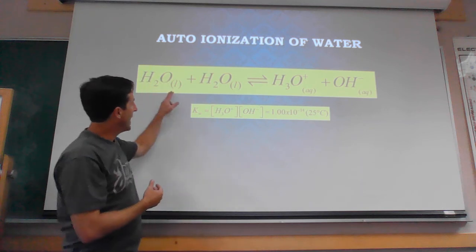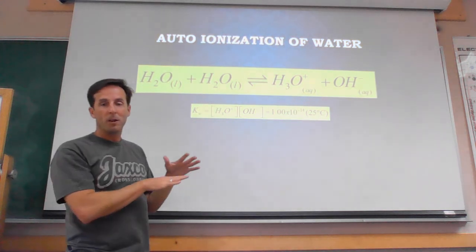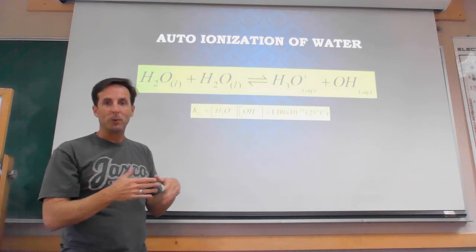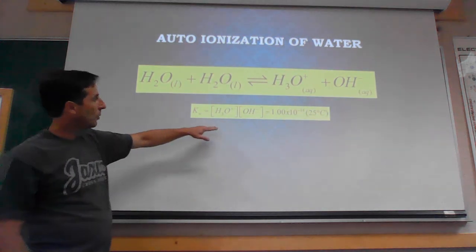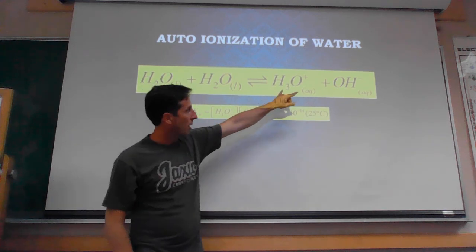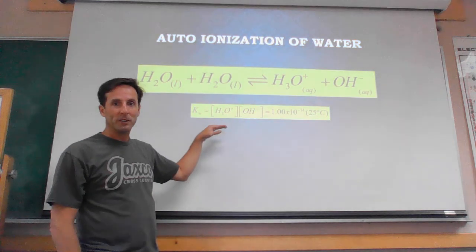Notice my reactants are both liquids, so in the bottom there will be no molecules shown in the expression because solids and liquids don't appear. So my expression is going to be Kw equals the H3O concentration times the OH concentration. My two products multiplied together in the numerator, that's all I have for the whole expression.